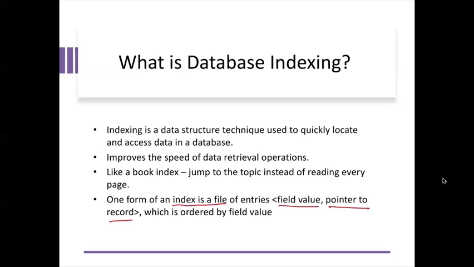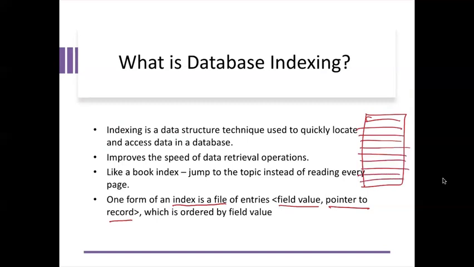Let's see this with the help of an example. Let's assume my records of the file are stored in the secondary disk like this, and the data is stored according to the order of the primary key, which is the roll number. So I have the roll number fields here.